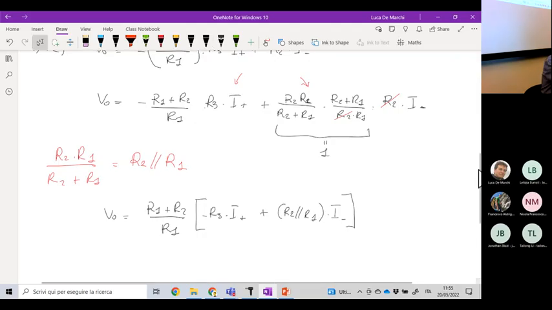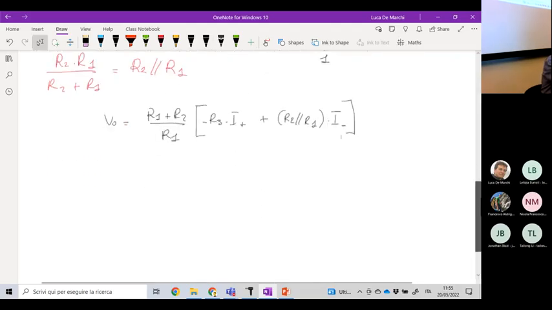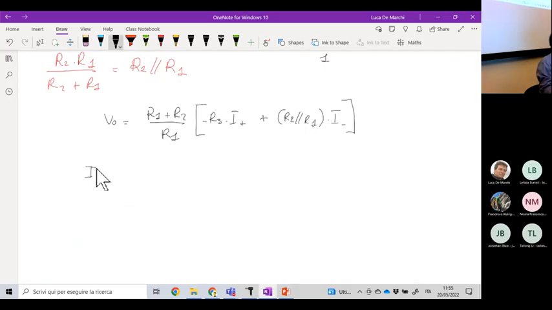Well, this is quite interesting, because if I plus is more or less equal to I minus, and we select R3 so that it is equal to R1 parallel R2, then the output voltage due to this undesired effect is equal to 0.